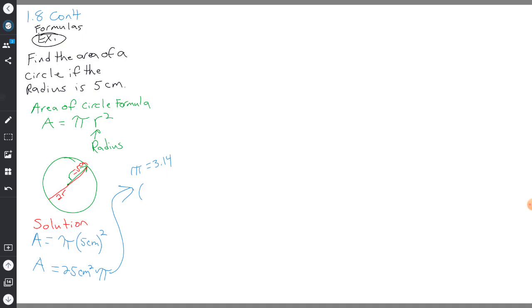So if we take 25 cm squared and then multiply it by 3.14, what do we get? 78.5. So 78.5 cm squared when we multiply 25 times 3.14.